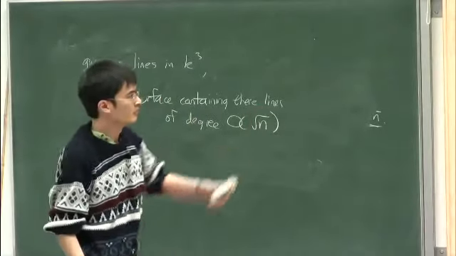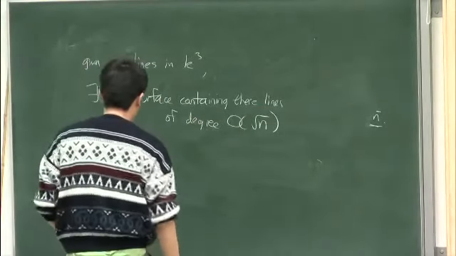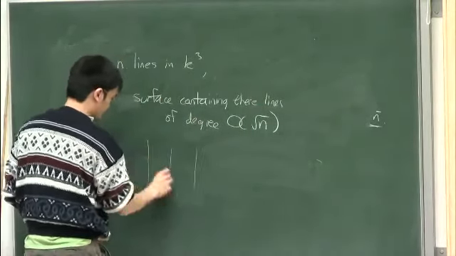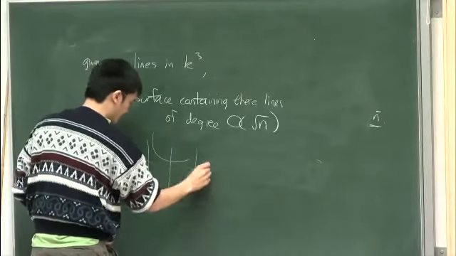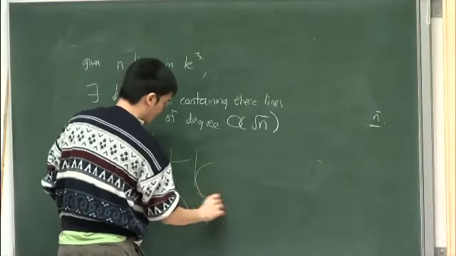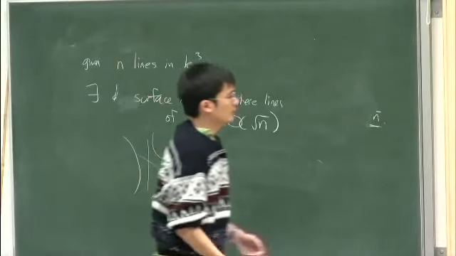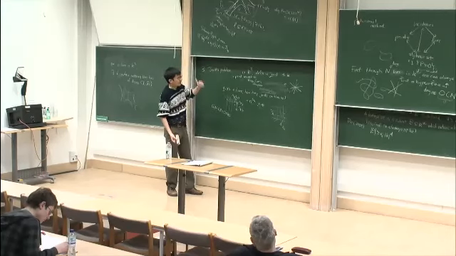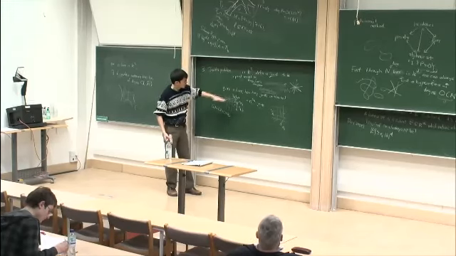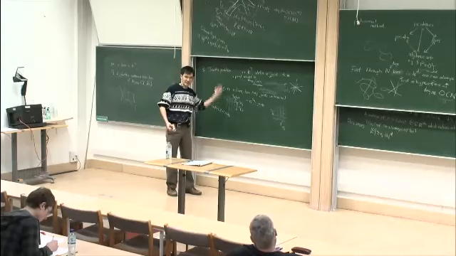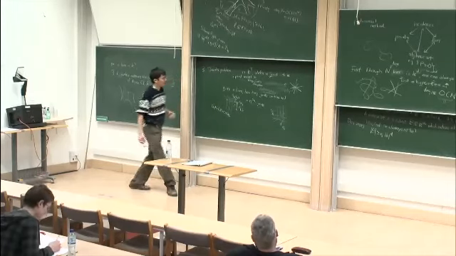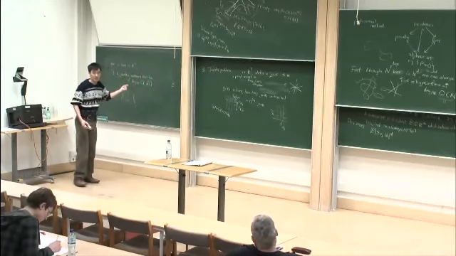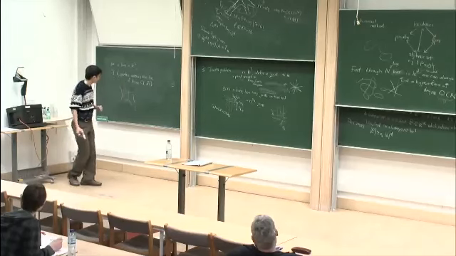Just from this, it's basically an algebra fact. So you've got all these lines, and they're contained inside some hypersurface of this degree. For example, in this root n by root n by root n grid, the relevant hypersurface is just n to the 1/2 horizontal planes, n to the 1/2 vertical planes, and n to the 1/2 more vertical planes. So it's not an irreducible hypersurface, but it is a hypersurface.